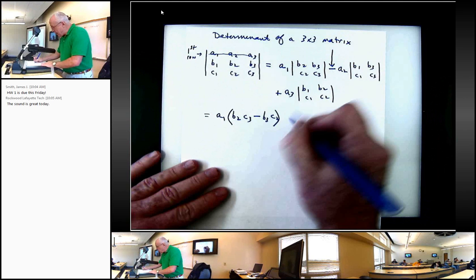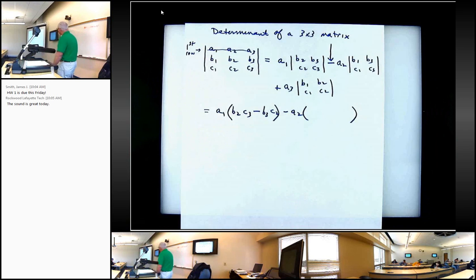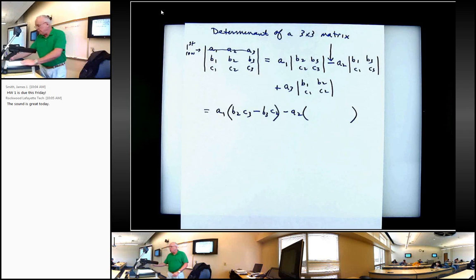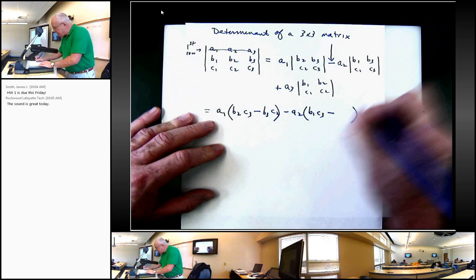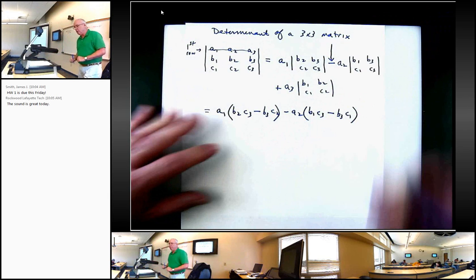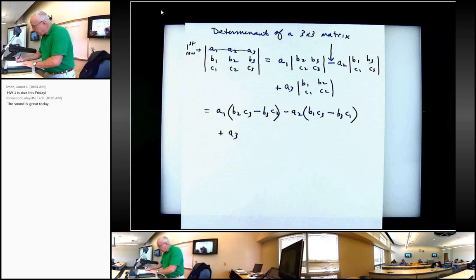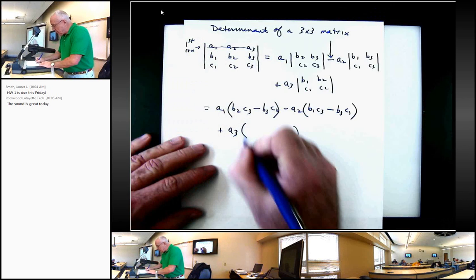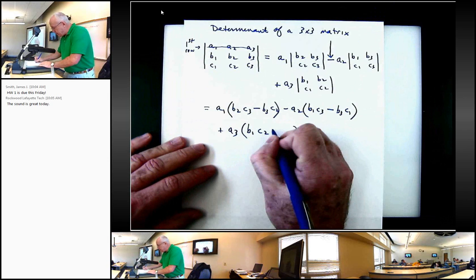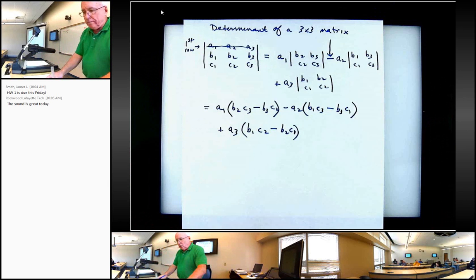Then we go to our minus A sub 2, and again we're going to be multiplying that by the determinant of the 2 by 2, B1, B3, C1, C3: the down diagonal, B1, C3, minus the up diagonal, B3, C1. And then finally we go to plus A3, and we're going to be multiplying that by the determinant of B1, B2, C1, C2. Down diagonal product, B1, C2, minus the up diagonal, B2, C1. All right. Okay.